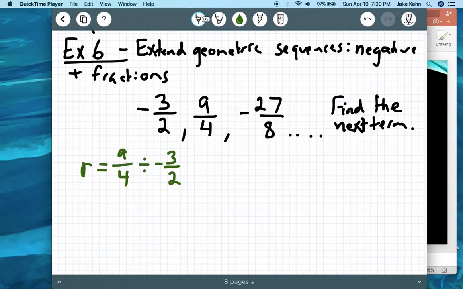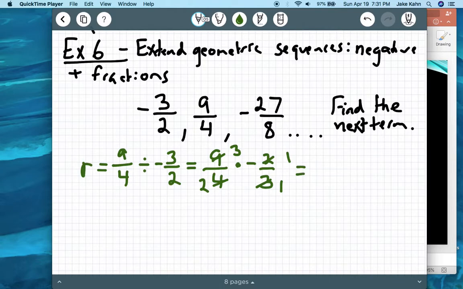All right, dividing fractions, got to be comfortable doing it. Keep, change, flip. 9/4 times -2/3, keep, change, flip, right? I can reduce this before I multiply, reduce it again before I multiply, and we get an R value of -3/2.